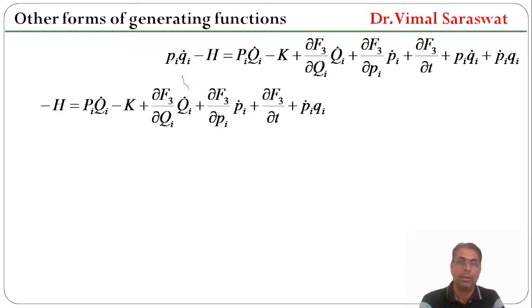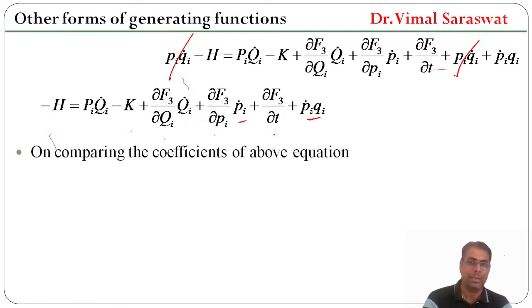Now this pi qi dot and this pi qi dot cancel out, so minus H equals capital Pi Qi dot minus K plus del F3 by del Qi into Qi dot plus del F3 by del pi into pi dot plus del F3 by del t plus pi dot qi.